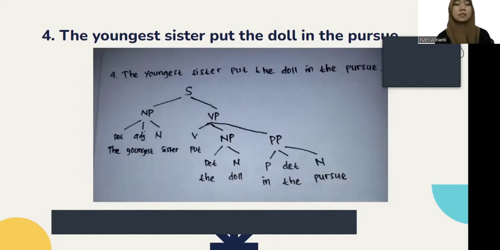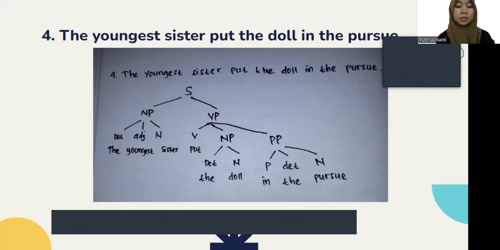In the fourth sentence, the youngest sister put the doll in the purse. The sentence is split into noun phrase and verb phrase. The noun phrase is the youngest sister. The determiner is the, the adjective is youngest, and the noun is sister.